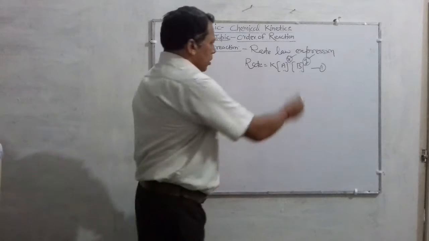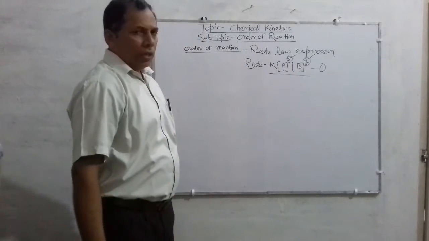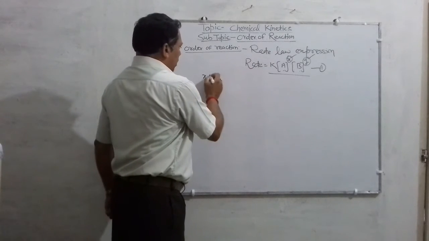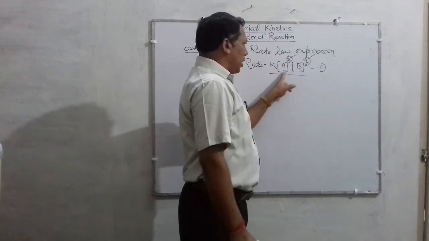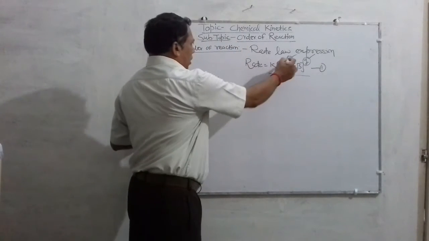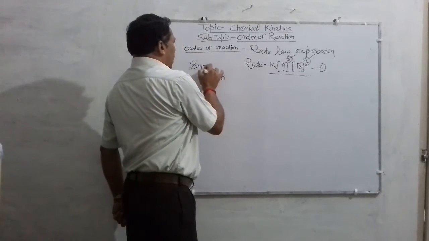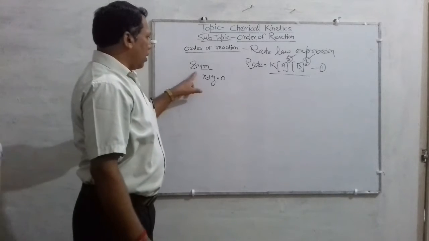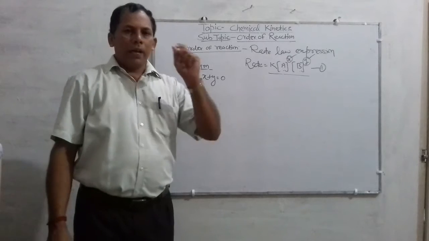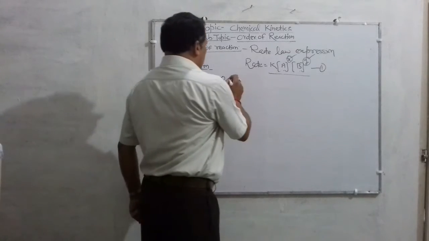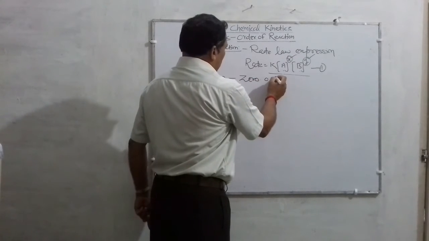Suppose equation 1 shows a rate expression. So in this, if the sum of the exponents of concentration terms A and B, the sum of their exponents x and y, the value is coming 0, then that reaction is termed zero order reaction.